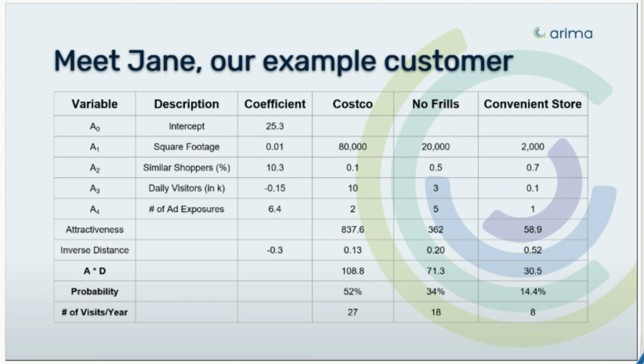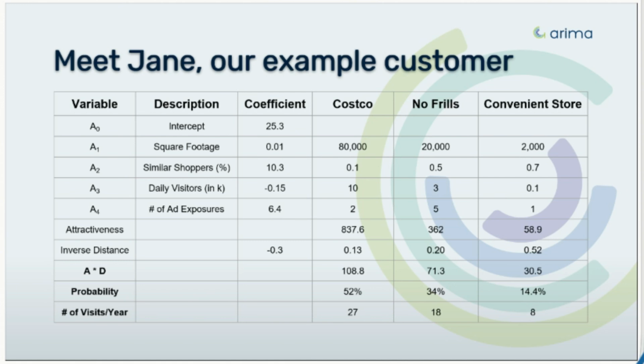Same thing, daily visitors, we're going to get the daily visitors of each of these stores. So we have these numbers. And finally, the number of times an ad has been served to her. Again, we know these numbers, so we can plug that in. Then it's a matter of calculating the attractiveness, which is the dot product of the two vectors, calculating the inverse distances, and finally multiplying them together.